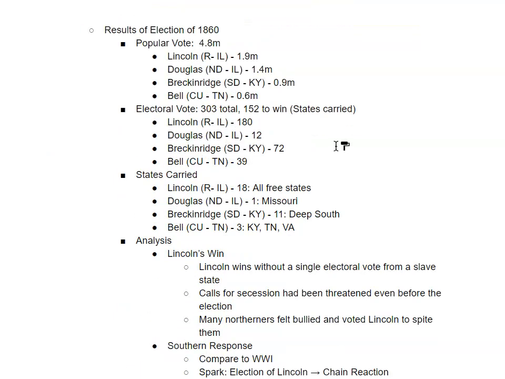What happens in 1860? A crazy election in a popular vote where 4.8 million votes were cast. You had Lincoln winning the most, but if you add up the others, you had nearly 2.9 million people who voted not for Lincoln. He gets something like 39% of the popular vote. But in the Electoral College, he sweeps.